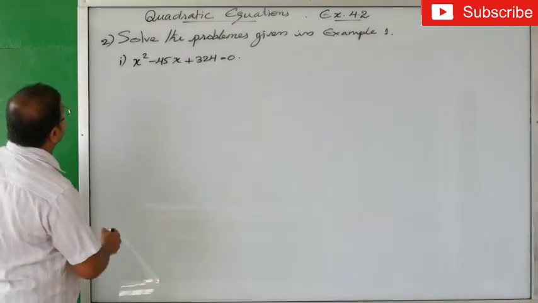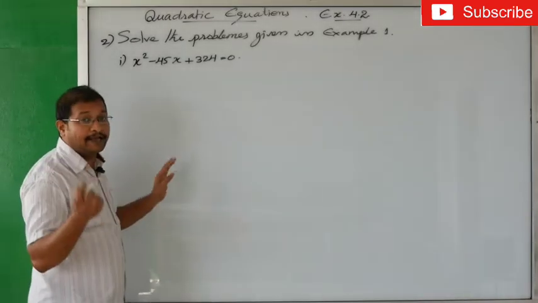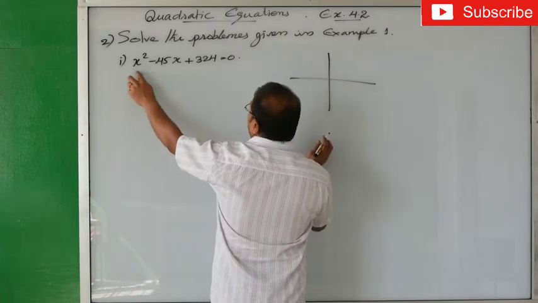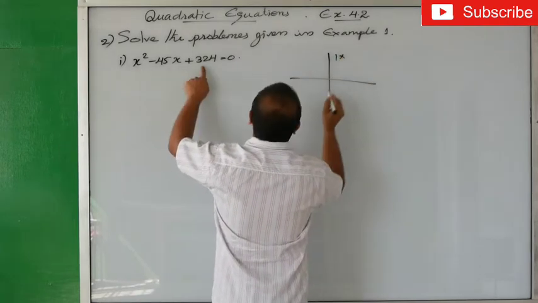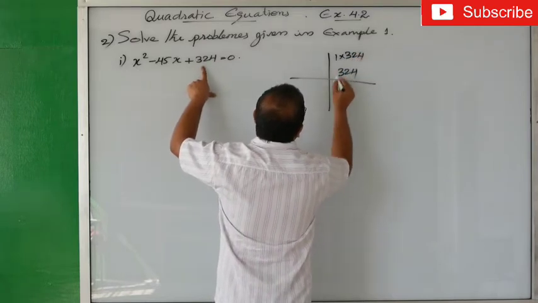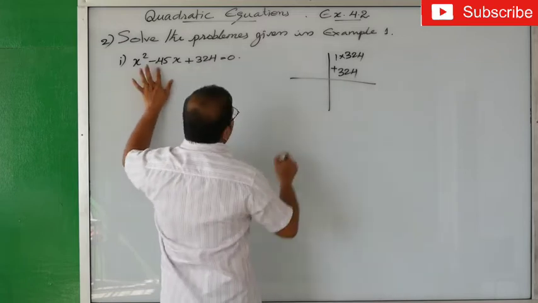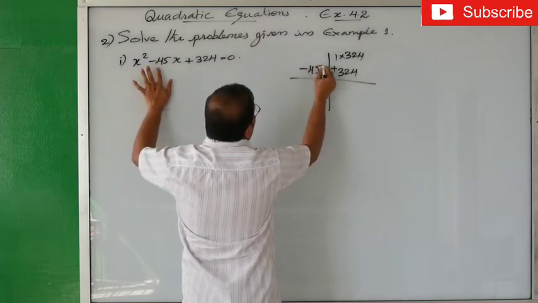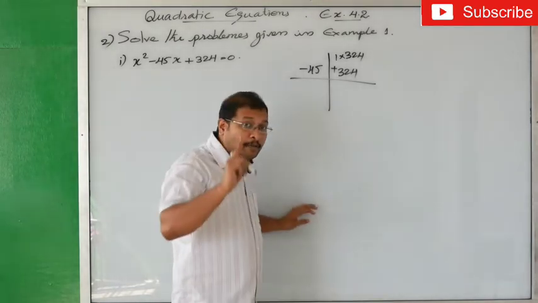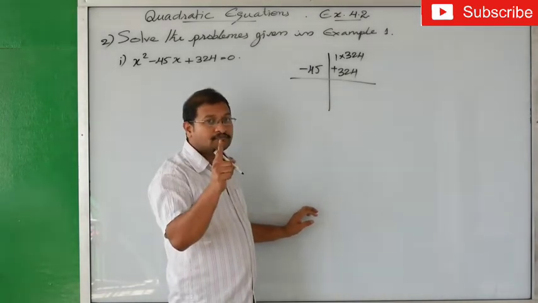Ready? Now, see what you will do. Same like before. See. First we can say x square means 1 is here. 1 into 324. We will get only 324. Of course it is plus. And the middle term is minus 45. Multiplication plus and the addition minus means both are negative numbers. Ready?